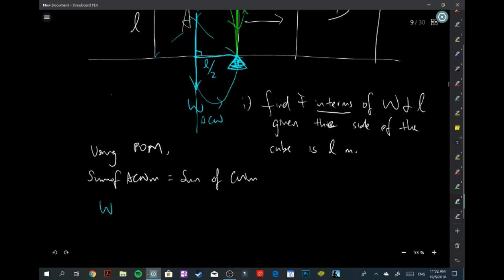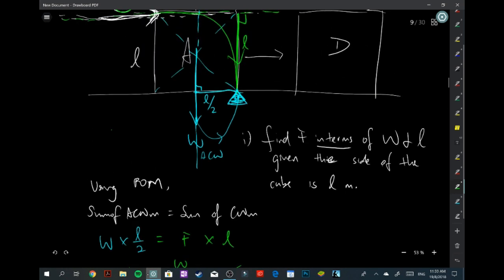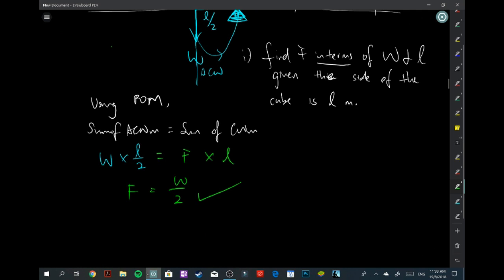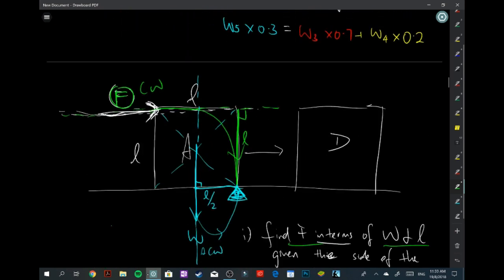So we have W times L over 2 equals to F times L. Next use just manipulation, then we'll get F equals to W over 2. And this is how I give them the answer. Find F in terms of W and L. In fact, there's no L, so F equals to W over 2. So in this case, we need half of the box weight to push the box, to rotate the box 90 degrees.